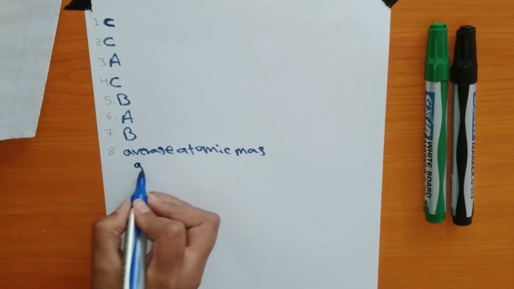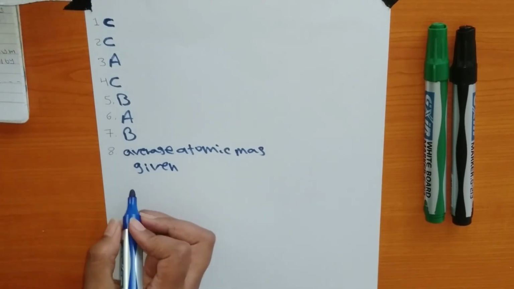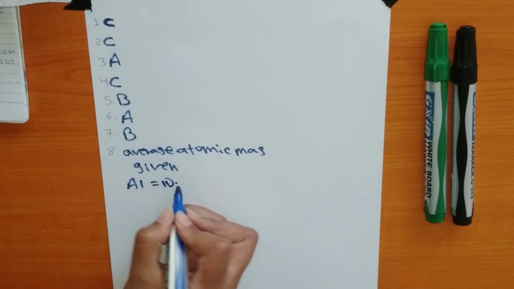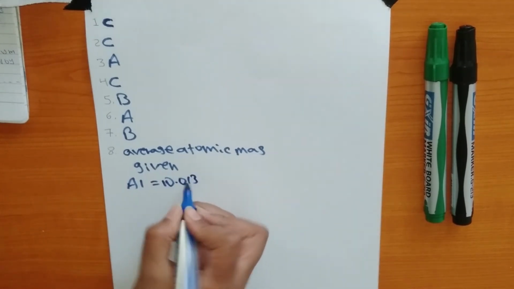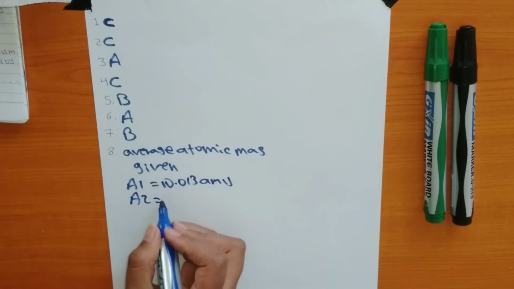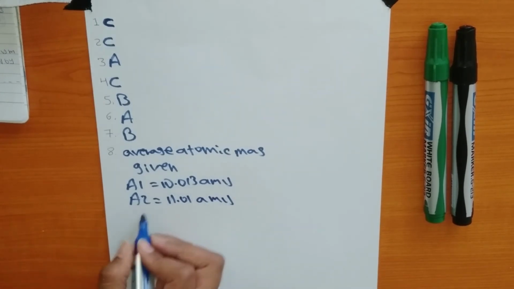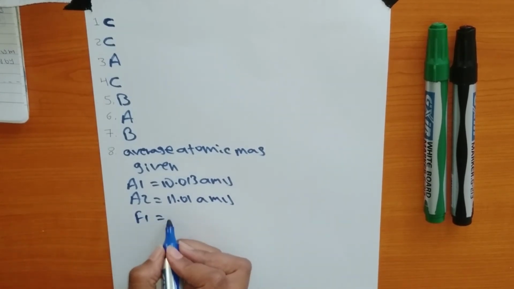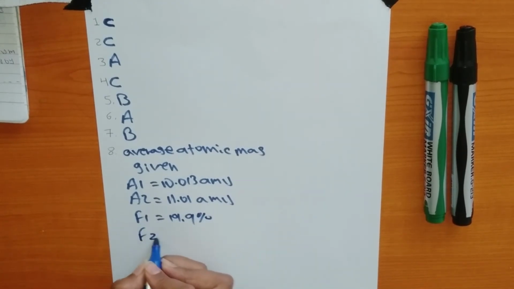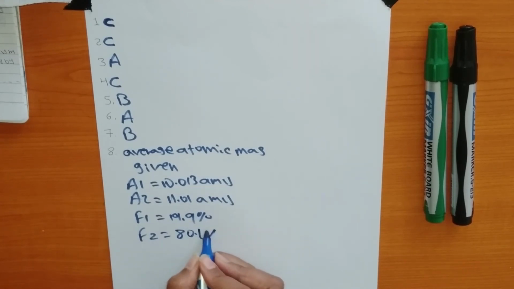So our given: A1 is equal to 10.013 AMU, A2 is equal to 11.01 AMU, F1 is equal to 19.9%, F2 is equal to 80.1%.